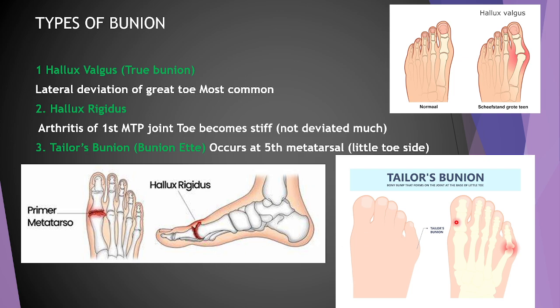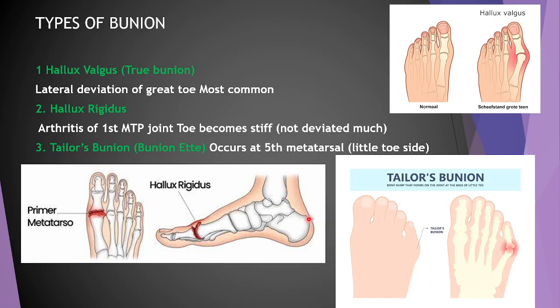And the third one is Taylor's bunion, which occurs at the fifth metatarsal, on the little toe side. Okay. So hallux valgus, the true bunion, is a lateral deviation. Hallux rigidus is stiffness of the first metatarsophalangeal joint. And Taylor's bunion, also known as bunionette, occurs at the fifth metatarsal, on the little toe side.